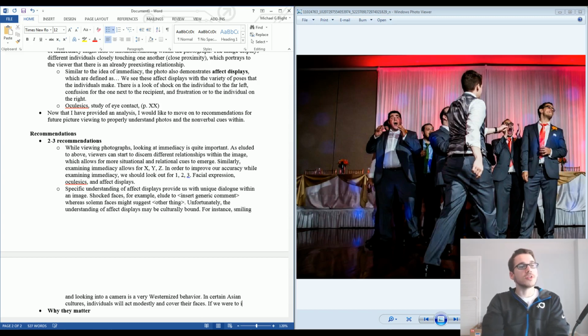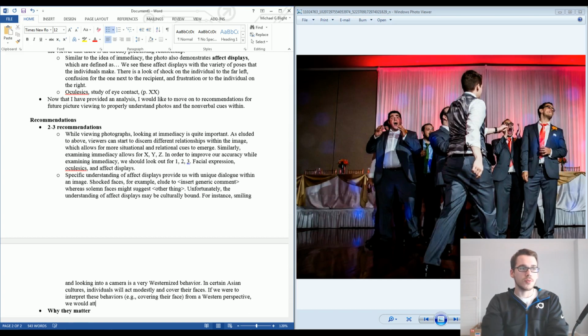If we were to interpret these behaviors, e.g., covering their face from a Western perspective, we would attribute that behavior as embarrassed. However, we know that is not the case. As a result, we must be conscious of cultural cues when examining affect displays.